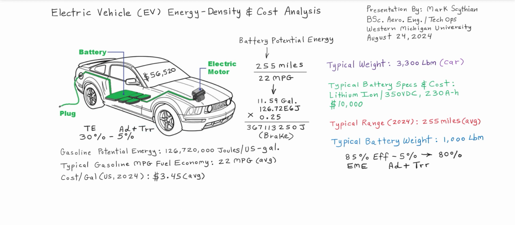And so after the DC electricity is inverted to AC power by the AC power inverter on the electric vehicle, the electromotive efficiency of the AC electrical motor is 85%, also minus the 5% to aerodynamic drag and tire rolling resistance.